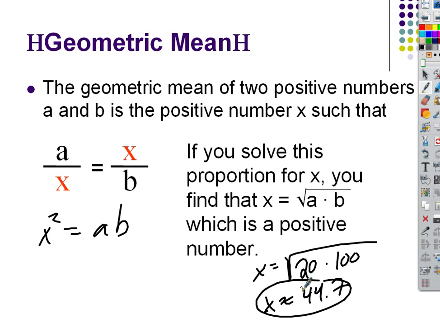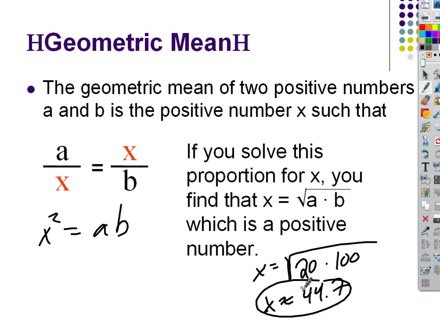Okay. Now, why is that? That's not what we got before, 60, right? But if this thing is growing, if it's picking up the rate at which it's growing, then it's going to start off by growing slower and end up by growing faster. If it were growing through time at this rate, then wouldn't it take longer to get from 20 to about 45 than it would to get from 45 to 100, because it's growing faster at the end, right?